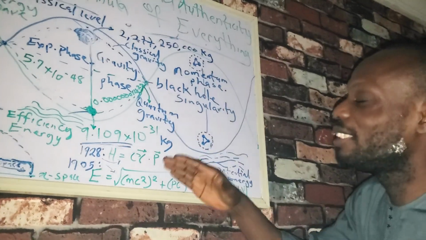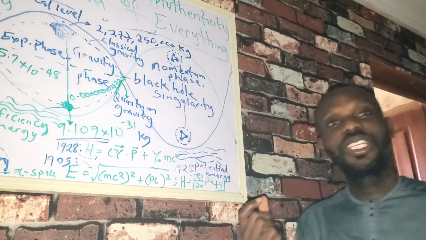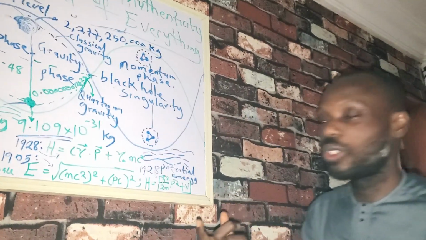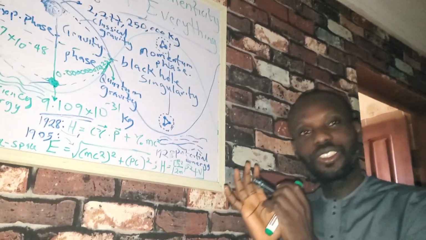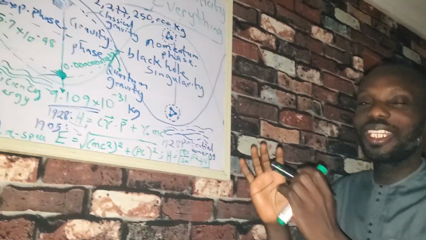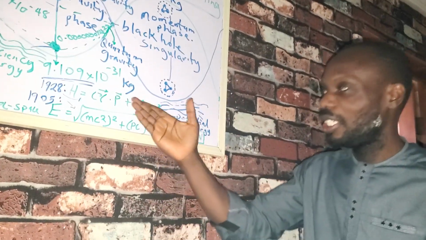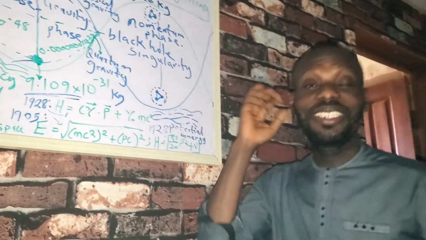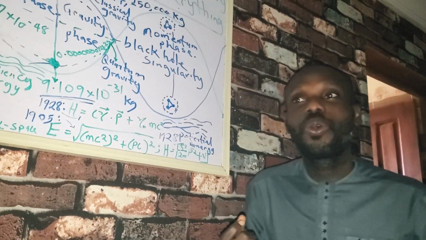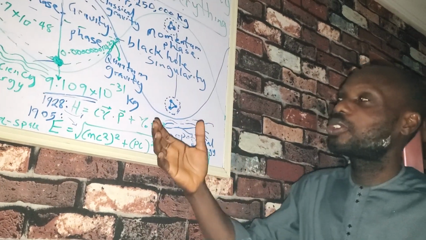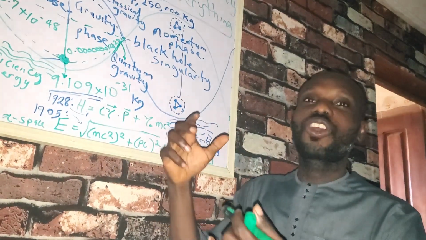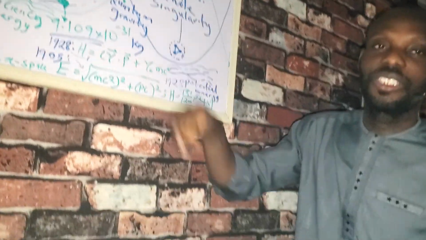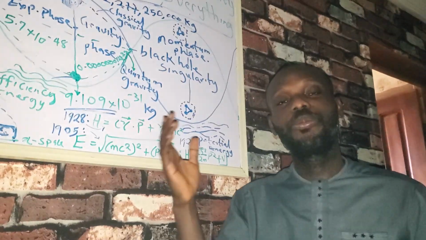So now in Dirac's relativistic wave equation, there is something so spectacular, so unique and so powerful in its equation. And that is why Dirac was a little bit closer to discovering the reality of the universe as we now have in this formula of everything and time energy wave model.